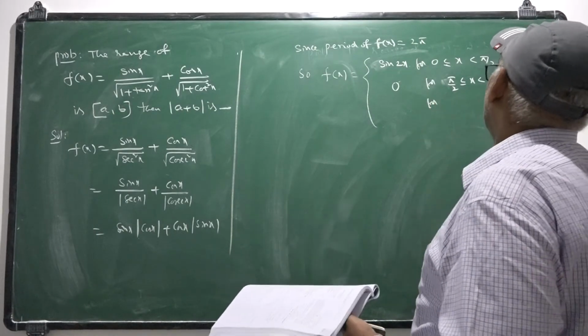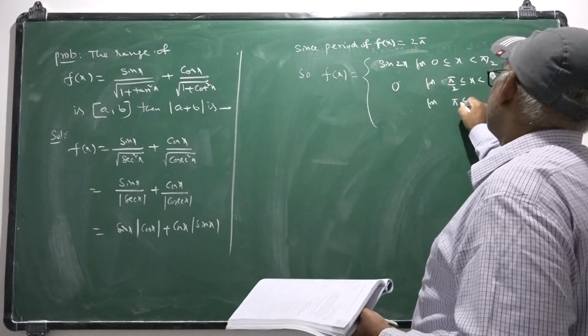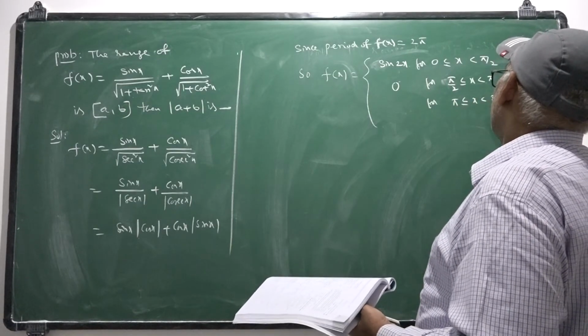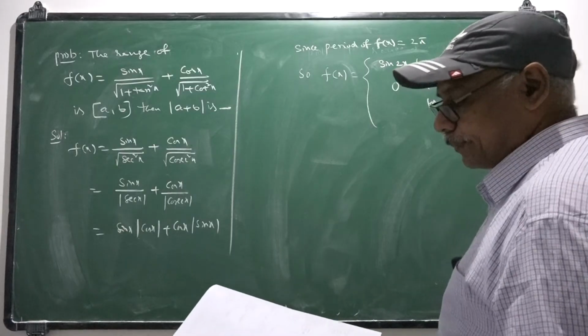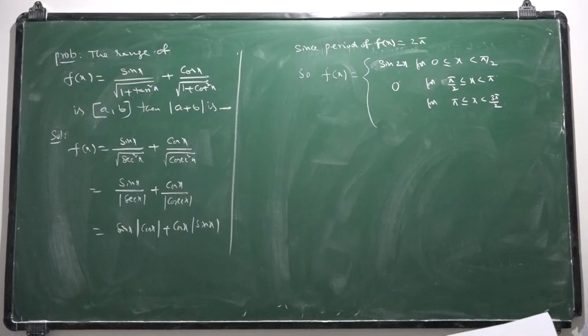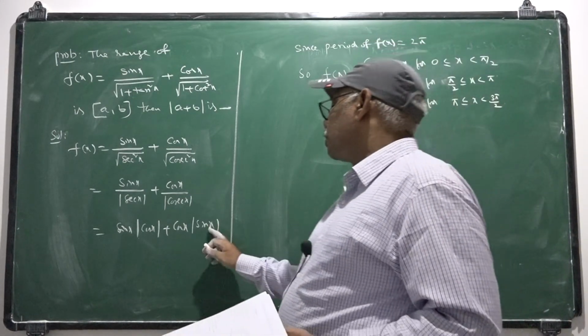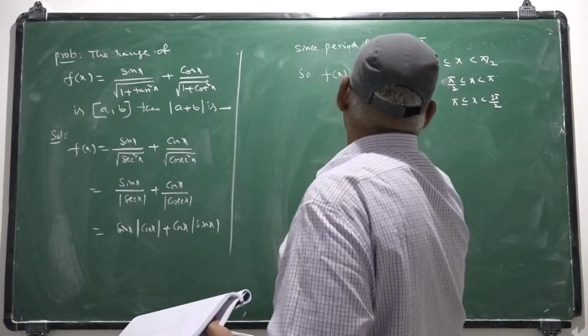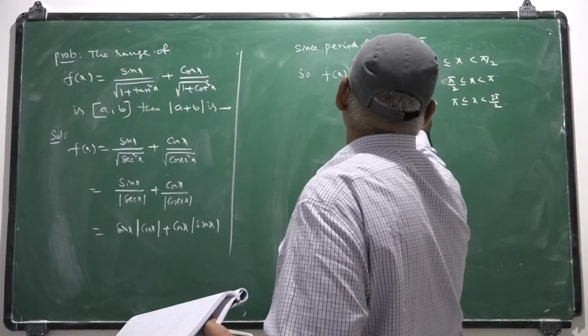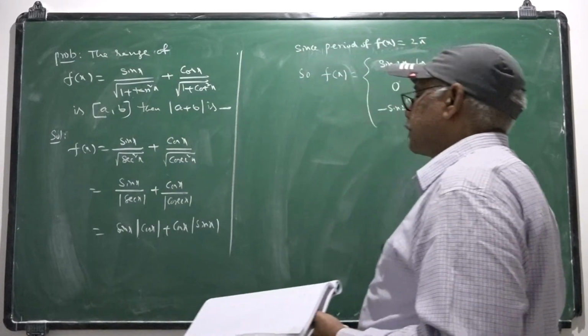For pi is less than or equal to x less than 3 pi by 2, in the third quadrant both are negative, so minus sin 2x.